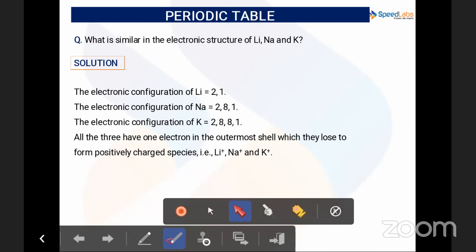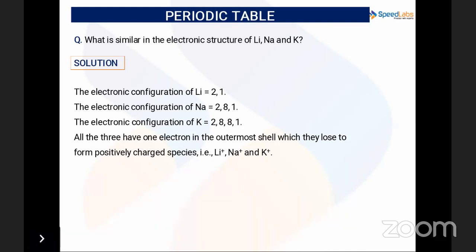Now you are aware that when any atom loses electrons, it forms positively charged species, which are called cations.